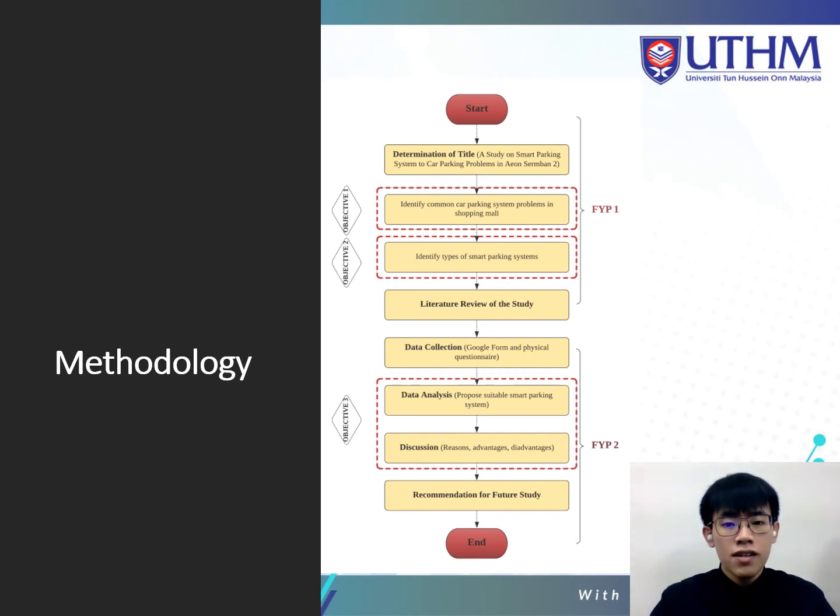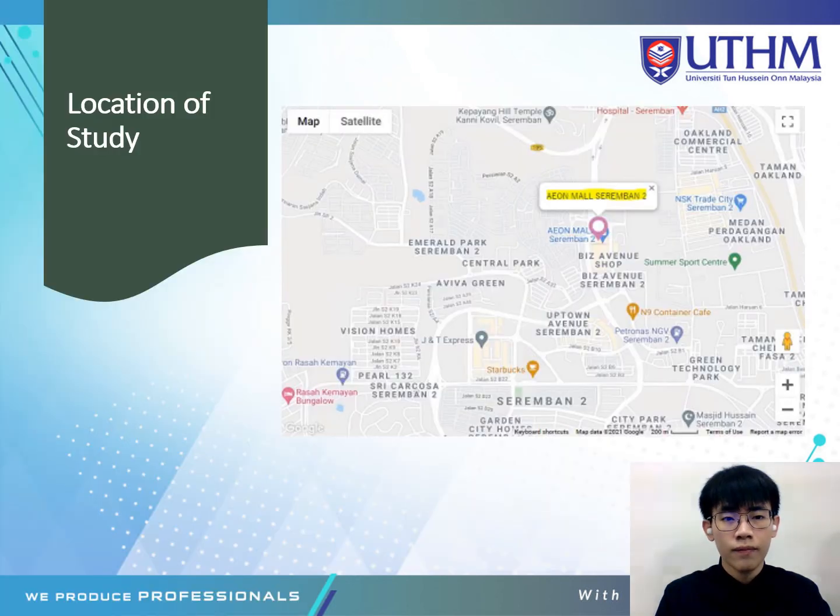Last but not least, discussion is carried out to discuss the reason for being chosen as the most suitable smart parking system. Advantages and disadvantages will also be discussed and stated in this stage. Before the end of the entire study, a recommendation for future study will also be stated.